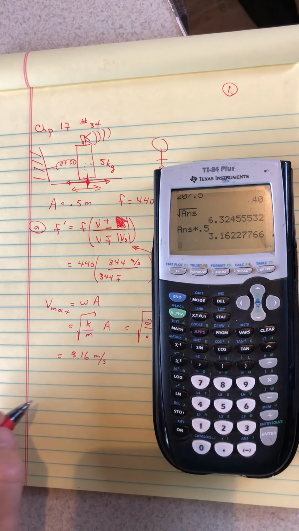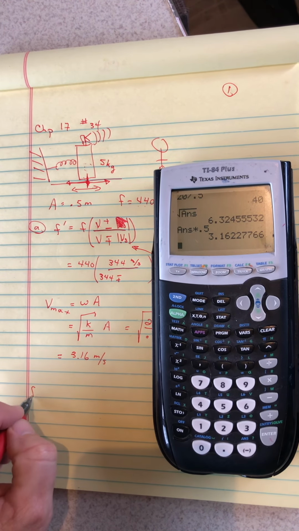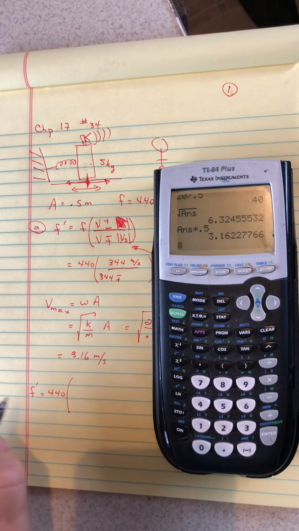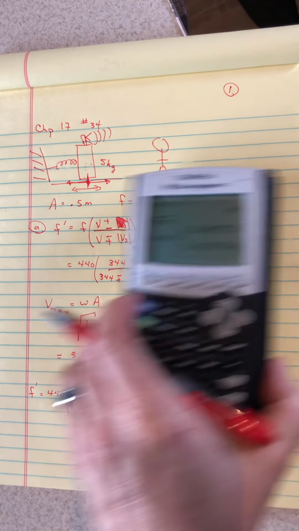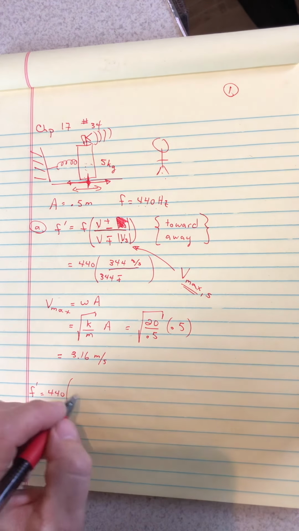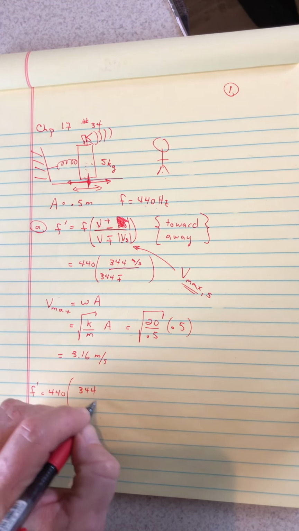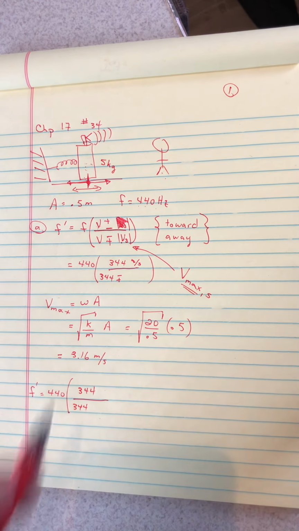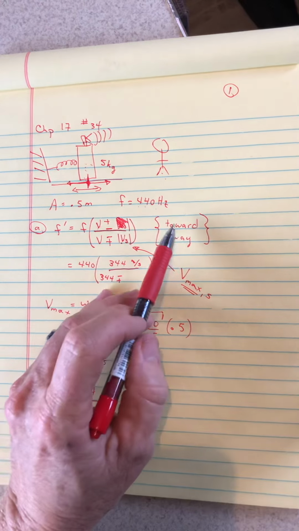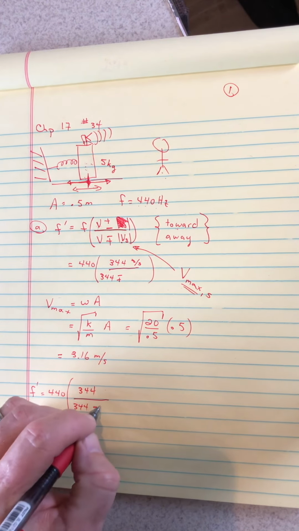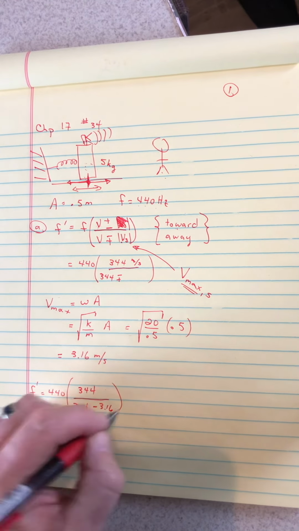So the two different frequencies would be this. The real frequency is the 440, or the frequency that the speaker's actually operating at. And then in the numerator, I would just have this 344, and in the denominator, I'd have 344. And then when it's moving towards the observer, the fastest towards it, I would use a minus 3.16.